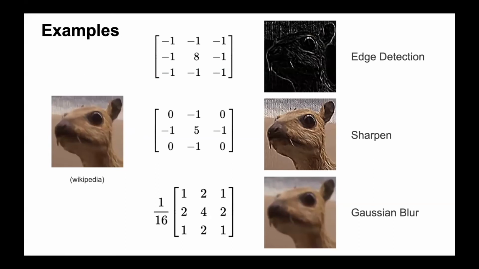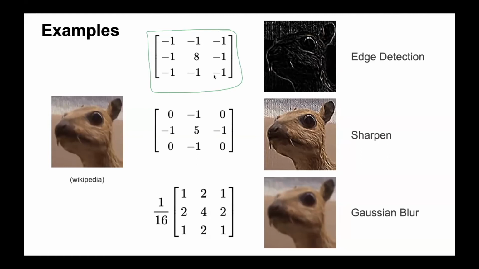So let's get into some examples of what kinds of filters people have designed in order to detect certain features of the image, or to obtain certain outputs by convolving images and weight matrices. What's going on here is essentially this sort of feature, which is used for edge detection. Why is this used for edge detection?